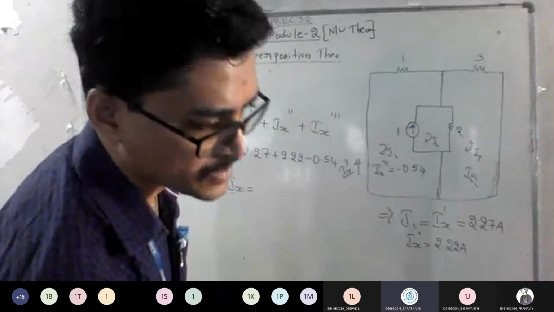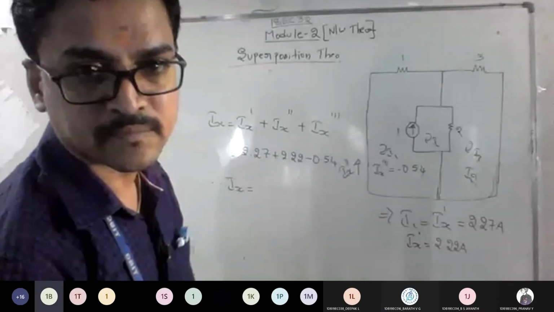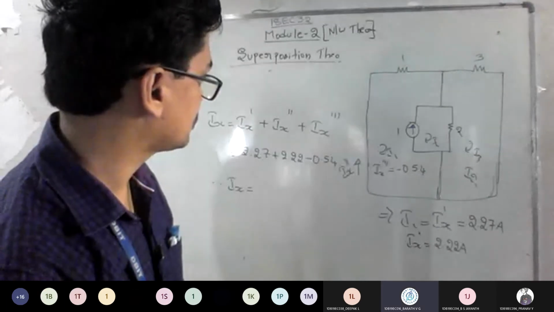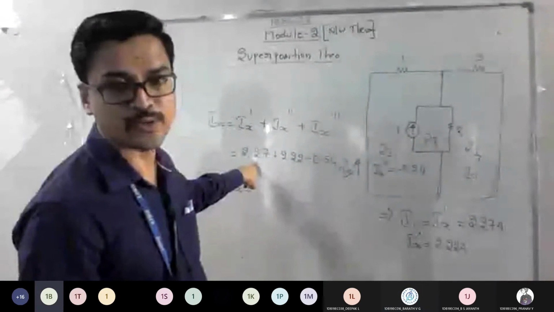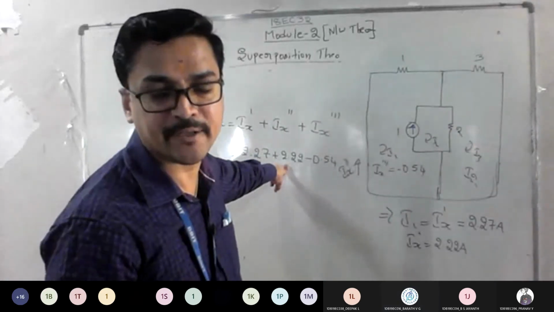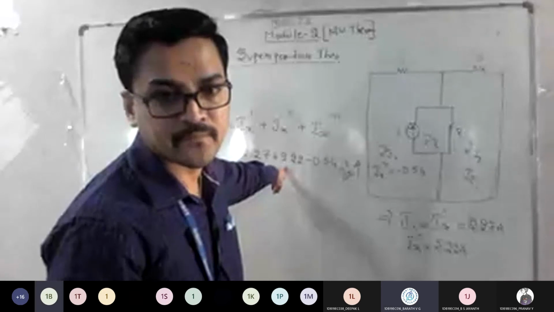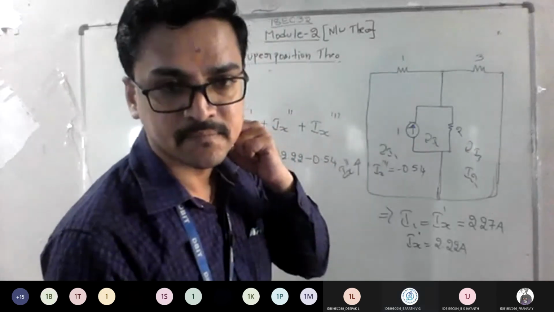Okay. 2.27 plus 2.20. Is it minus 2.2 anywhere? Minus 1.8181, sir. So 2.27 is what you told, and the second answer is 2.22 you told. Is it positive or negative? Positive, sir, 2.22.